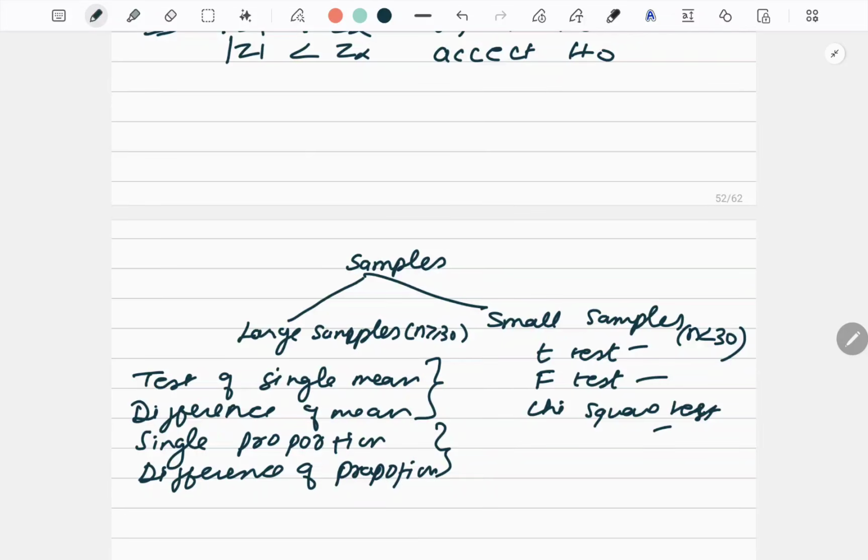Okay. So now let us start with the single mean. First of all, how will you recognize the question in the exam? First of all, you see what the sample size is. If sample size is greater than 30, then it is definitely a large sample. Now, when you come across questions of large sample, there will be four varieties.